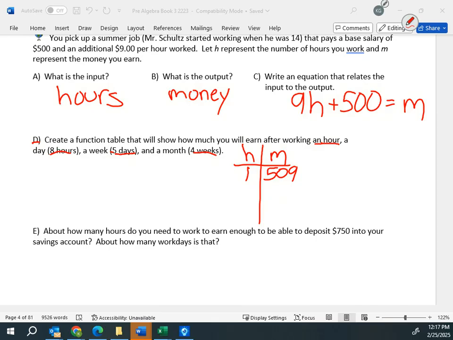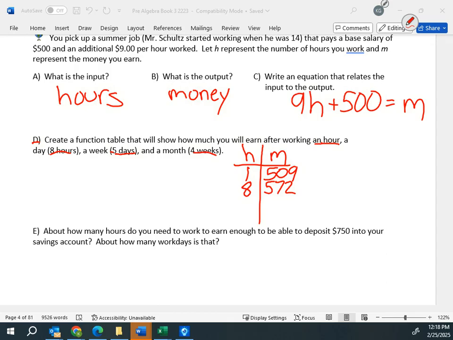Harper? 8 hours. If I work for 8 hours, how much money am I going to get? $572. 9 times 8 is 72. 72 plus 500 is 572.